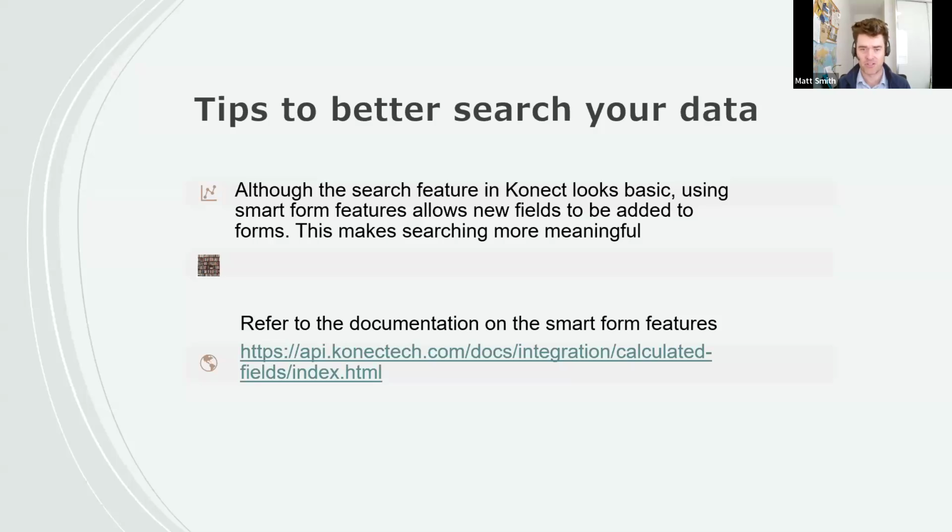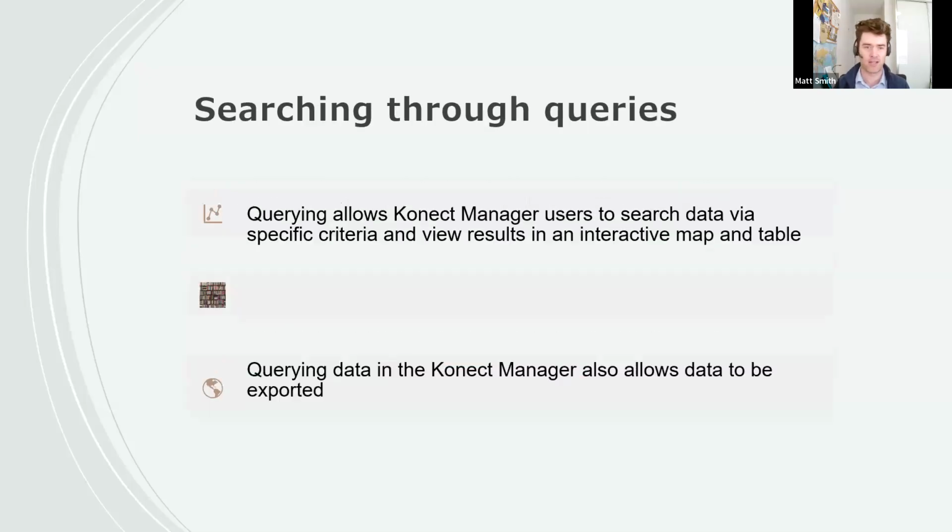The smart form features basically will expand what appears in the dialog, providing that you have made a form field searchable. You can then go about more interactively displaying lists to pinpoint information or see trends in your data.